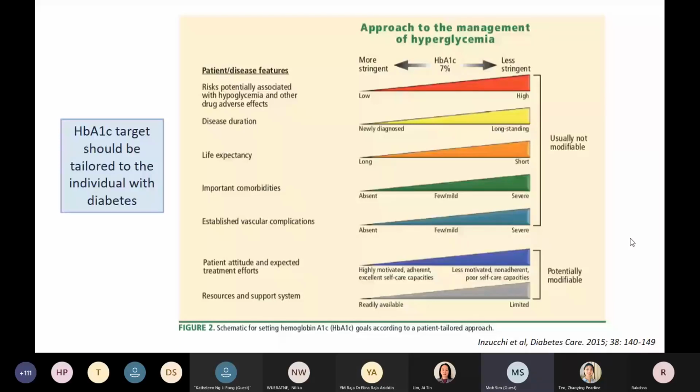So highly motivated patients with excellent self-care capabilities, who understand and are empowered about their conditions, are in a better position to manage their own diabetes care, and therefore are more likely to be able to abide by more stringent HbA1c targets with less risk of hypoglycemia events.